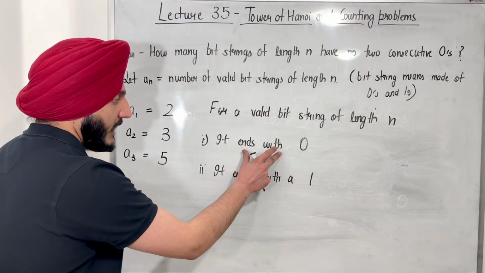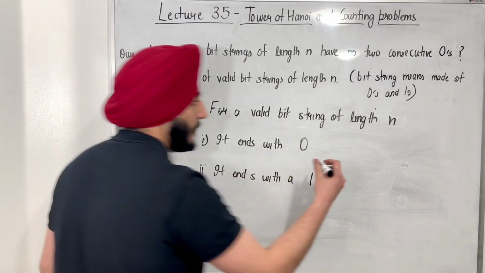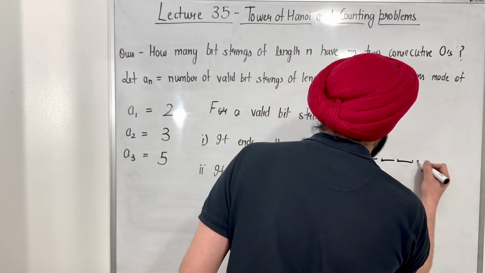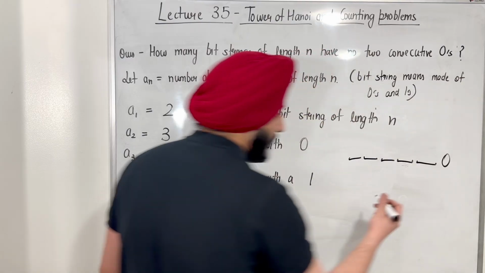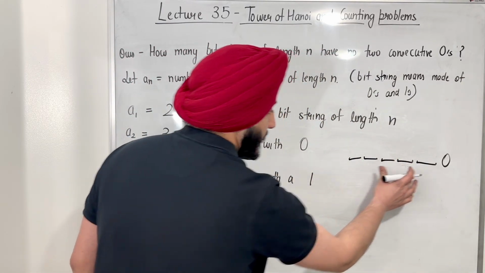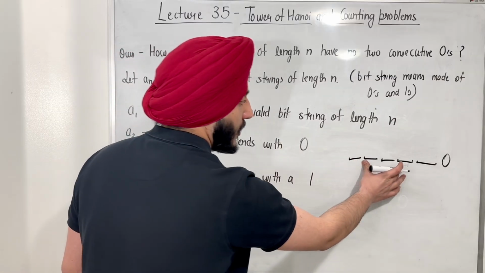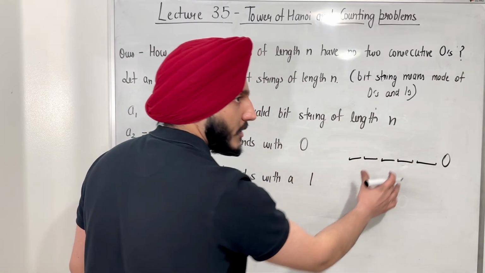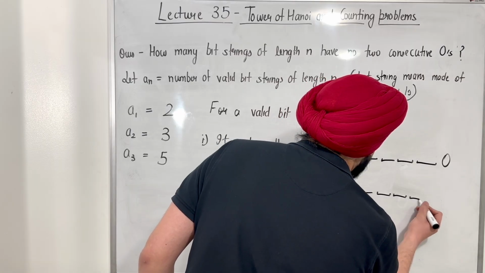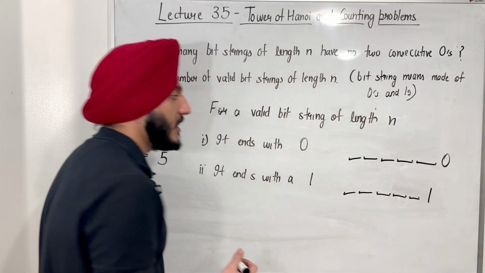So let's say it ends with a 0, what should we do? If it ends with a 0, what is the number of bit strings that you can replace with? If it ends with a 1, how many bit strings can you replace with?